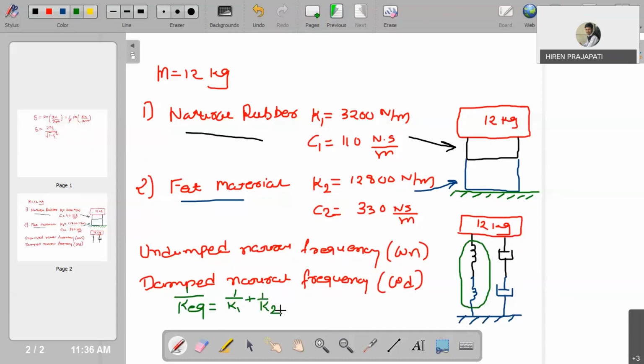We have derived this. Similarly, I need to represent the dampers by a single damper, so I need to find the equivalent damping constant for C1 and C2. By the same method, 1 by C equivalent equals 1 by C1 plus 1 by C2. Now K1, K2 and C1, C2 are known, so we can find C equivalent and K equivalent.